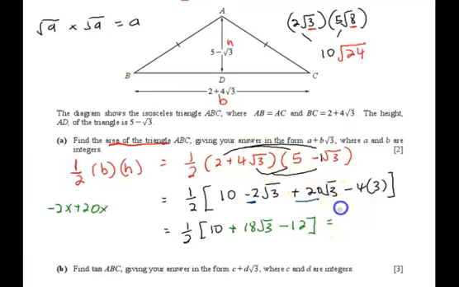We'll be getting 1 over 2 bracket, and here we'll have negative 2, and here is a plus 18 root 3.